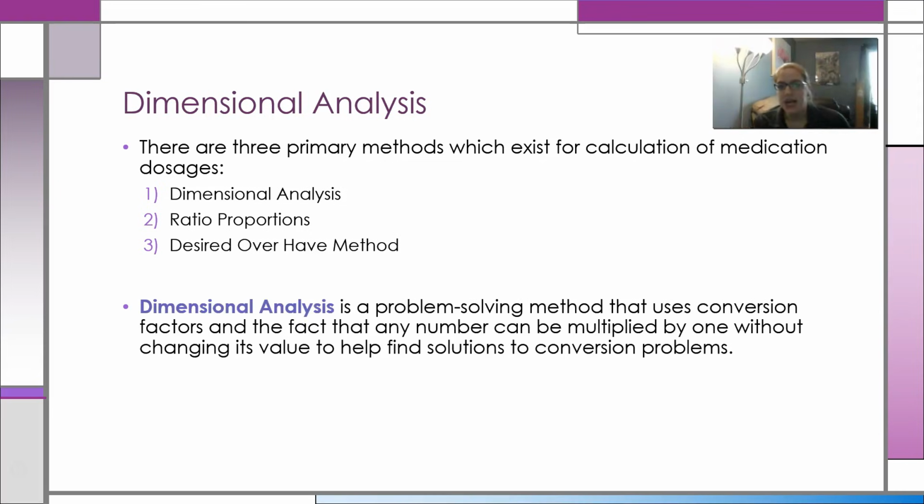So dimensional analysis is our problem-solving method that uses conversion factors. So things like 2.2 pounds equals 1 kilogram. That's a conversion factor. It's telling you how to convert between the two numbers, or units, excuse me. And it's the fact that any number can be multiplied by 1 without changing its value.